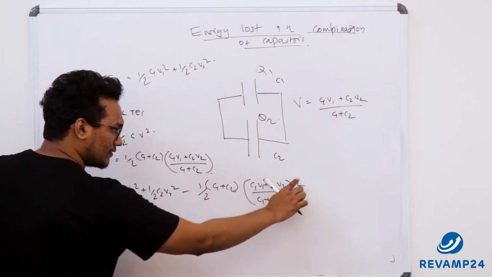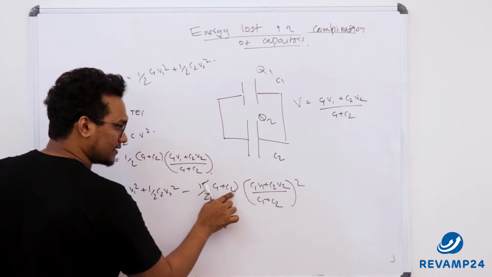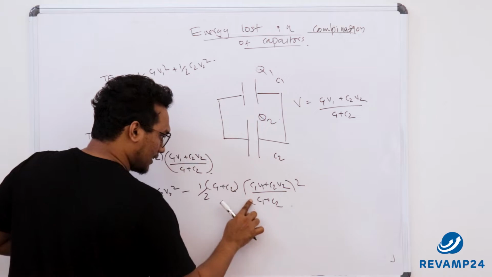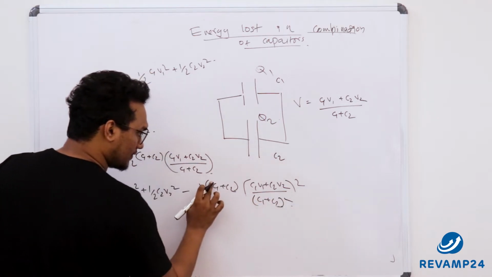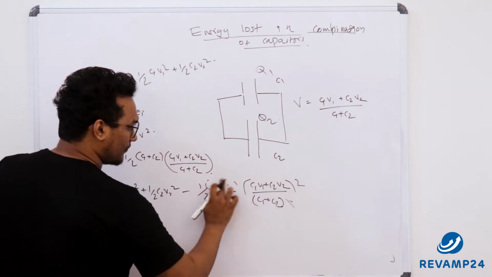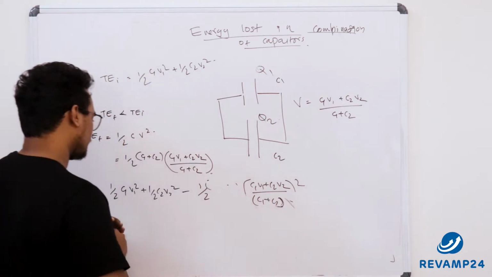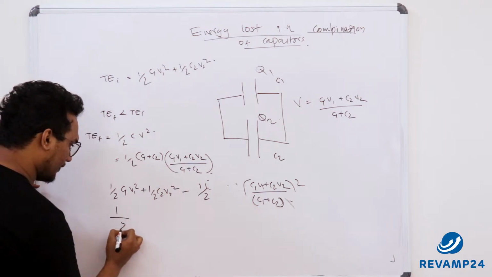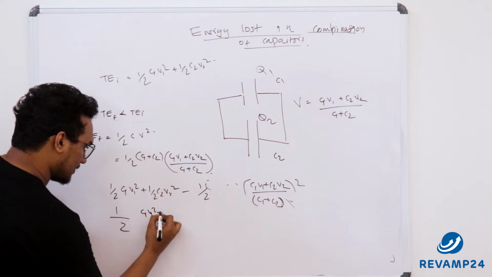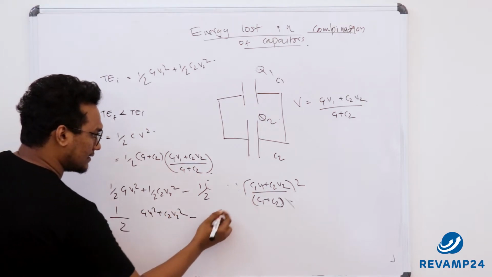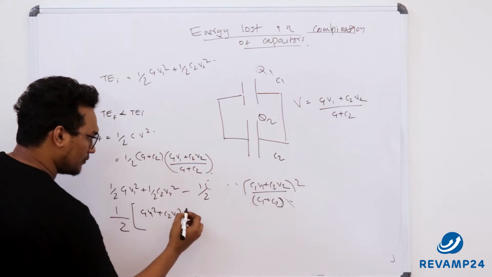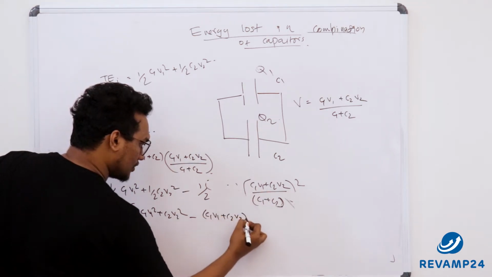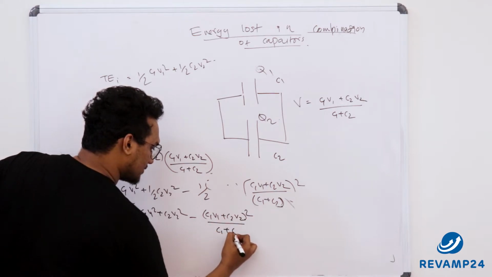One thing is very clear from here: this is C1 plus C2 and the other one is C1 plus C2 the whole square. So I can give the square separately to these two terms, and out of that I can cancel one. So this is C1 plus C2 here. Now I can take the common term out, half into, this will be C1 V1 square plus C2 V2 square, one term, and the other term is C1 V1 plus C2 V2 the whole square divided by C1 plus C2.